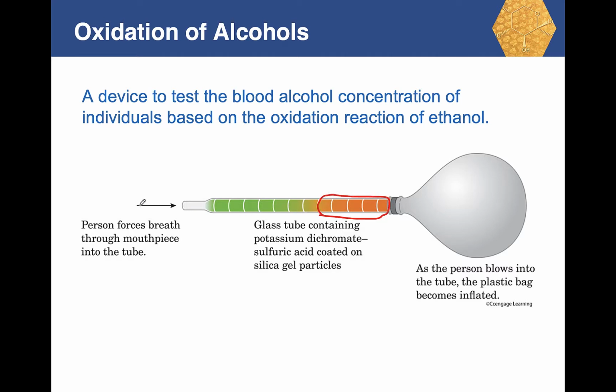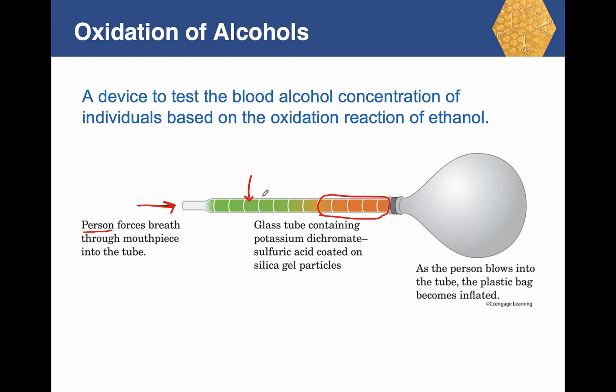So as the individual breathes in, if it changes color to green, that means that the ethanol concentration was pretty high, so it's been oxidized using the sodium dichromate, and there is a color change.